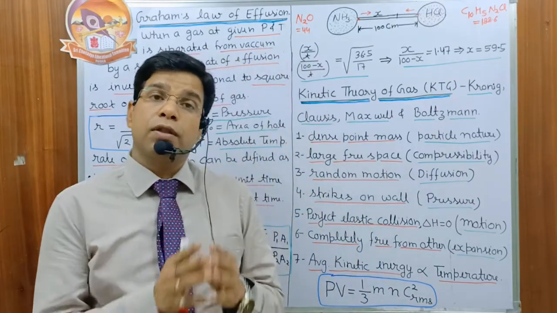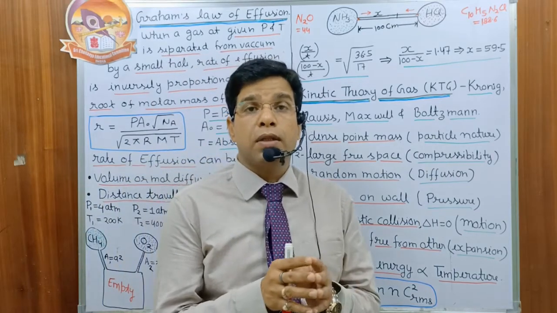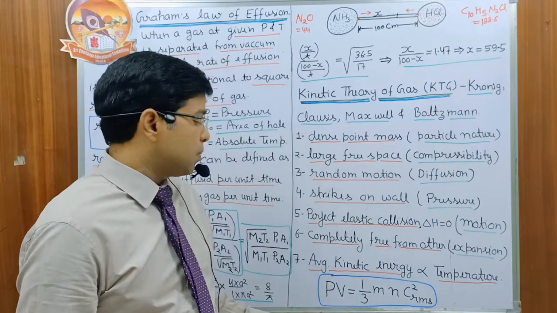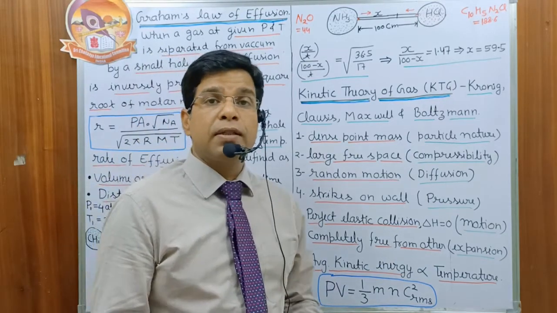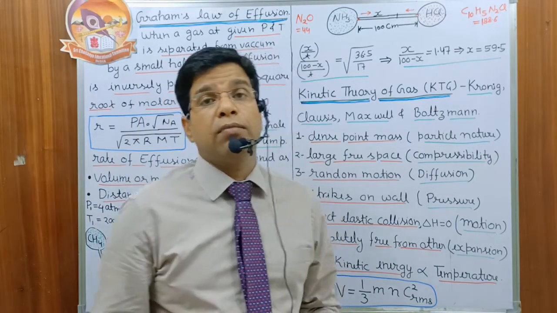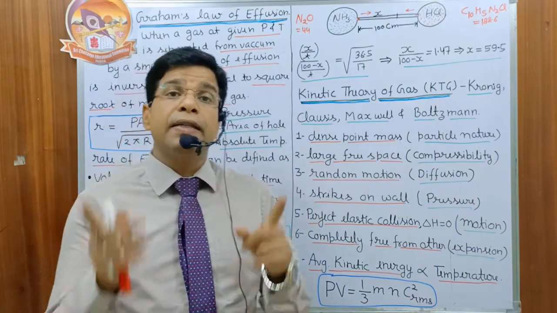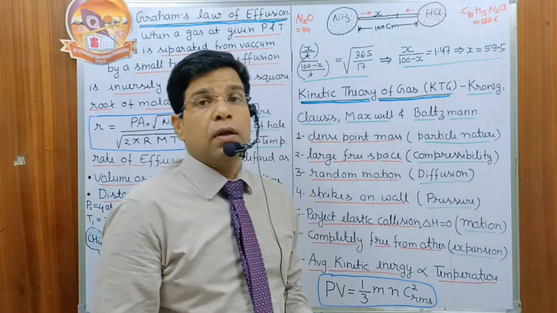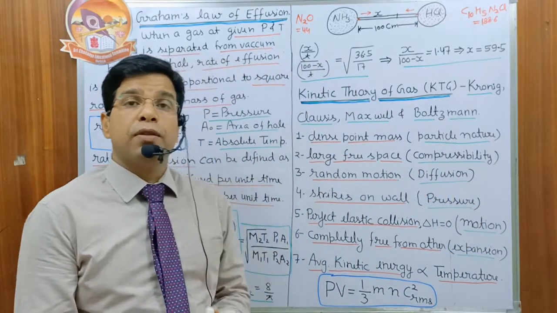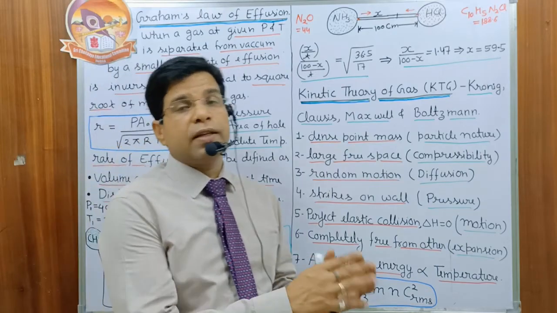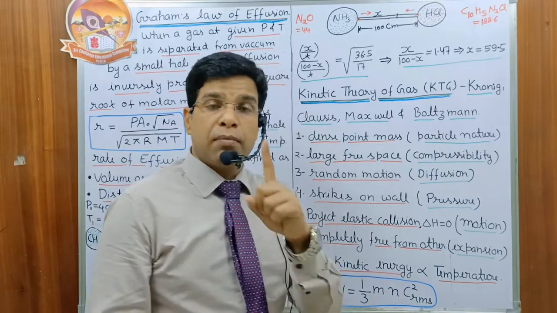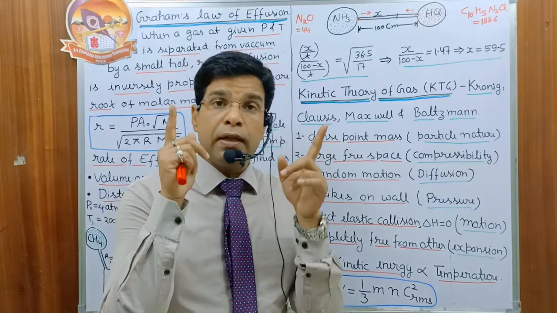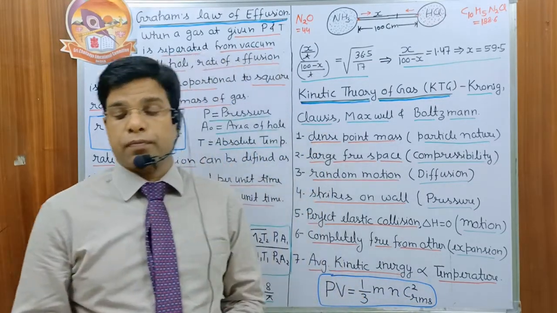That equation is PV = 1/3 m n c_rms², where P is the pressure, V is the volume, m is the mass of one particle of the gas, and small n is the number of molecules of the gas, and c_rms is the root mean square velocity, which we'll discuss in the next slide. This m is the mass of one molecule. Here n is not the number of moles, it is the number of molecules.